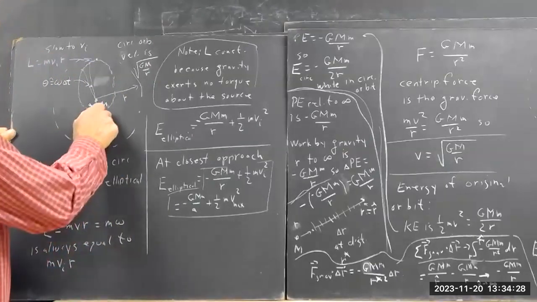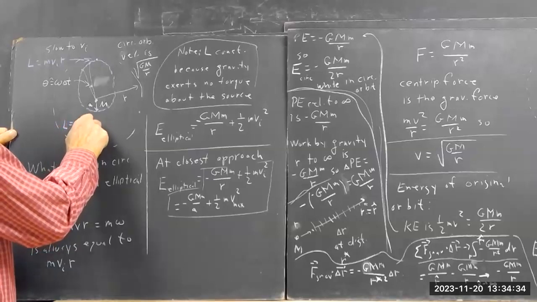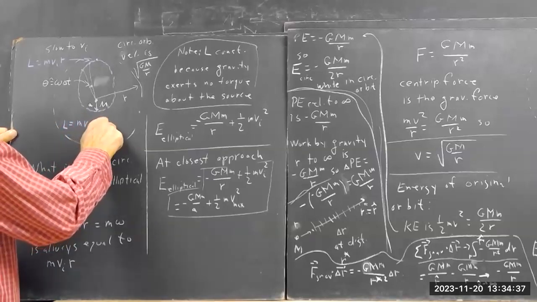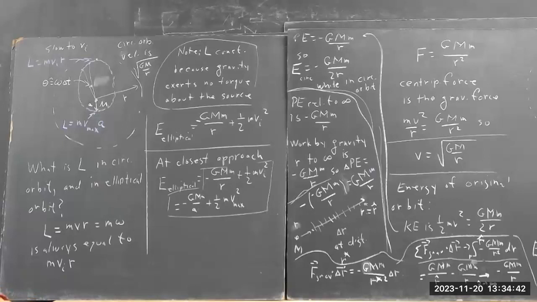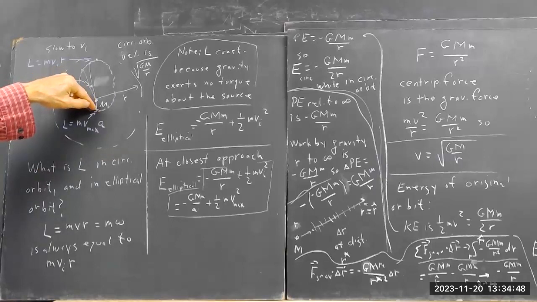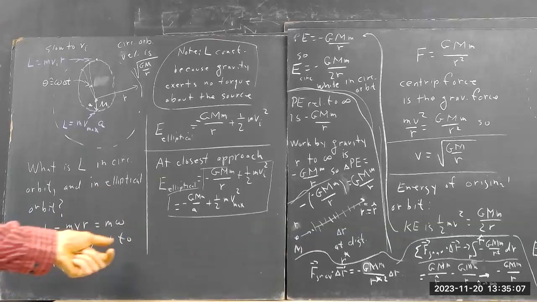Okay, down here, L is mv max times A. Okay, it's just your relative position vector times cross with your mv. Okay, your linear momentum. Okay, so we have an equation.